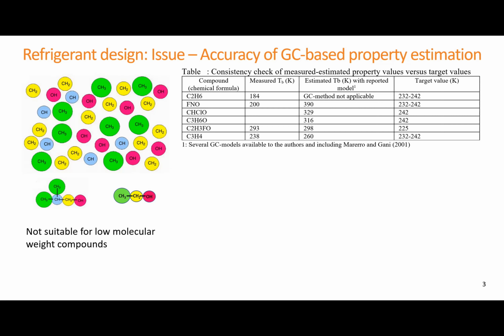Our target is 242, and another molecule has 316, or 298 and 225, or between 232 and 242, 260. And the measured value is 238. So it seems like these group contribution methods are not very accurate. I mean, accurate for larger molecules, but not for these refrigerant molecules.